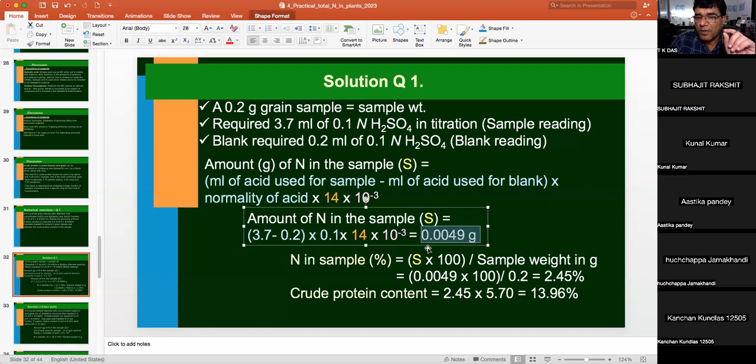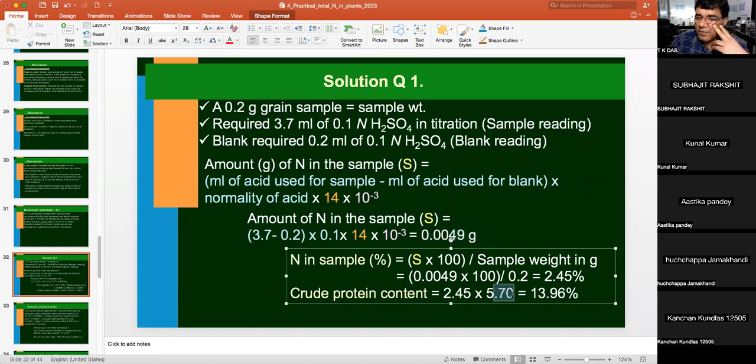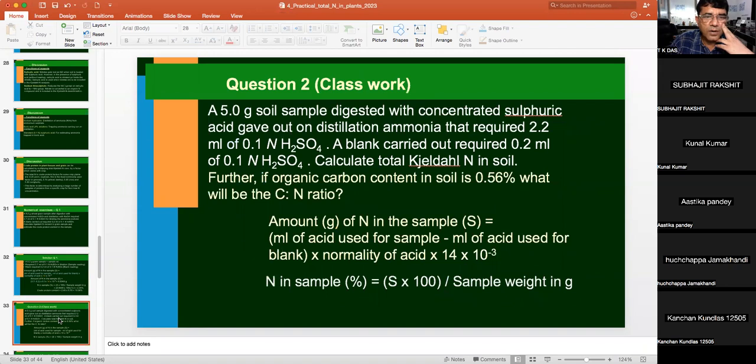It means in 0.2 gram of sample, you have 0.0049 gram of nitrogen. So you can convert it into percentage: that into 100 divided by sample weight. So you get 2.45%. And for crude protein, for wheat the factor is 5.7, so you get 13.96. Now come to the next exercise.